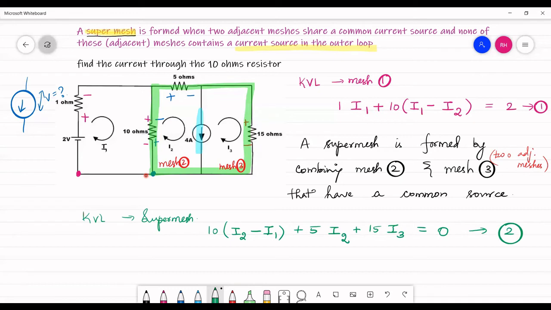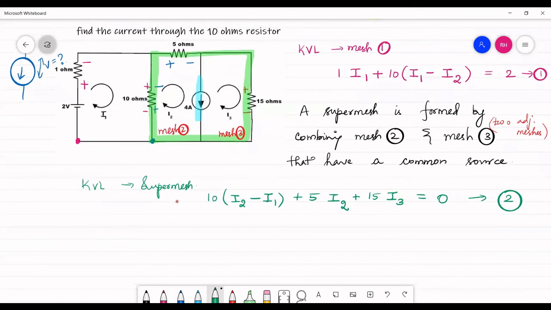So that is where you have the second equation. The first equation is a normal mesh, so you wrote the equation simply by applying KVL to mesh 1. Whereas if you come to the second and third mesh, you had a current source in common, so we form a super mesh by combining these two meshes together and we have applied KVL to the super mesh. Now we have only two equations, but the number of unknowns in our system is 3.